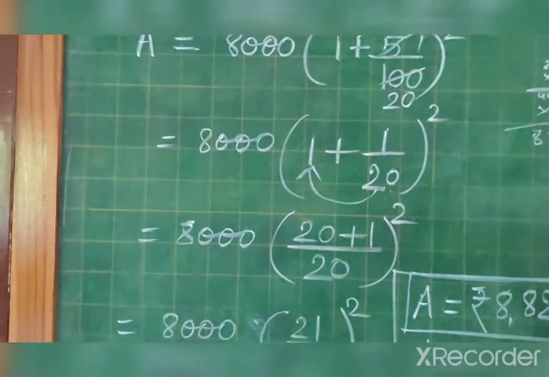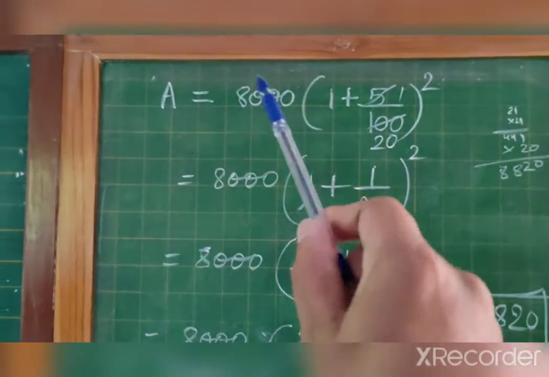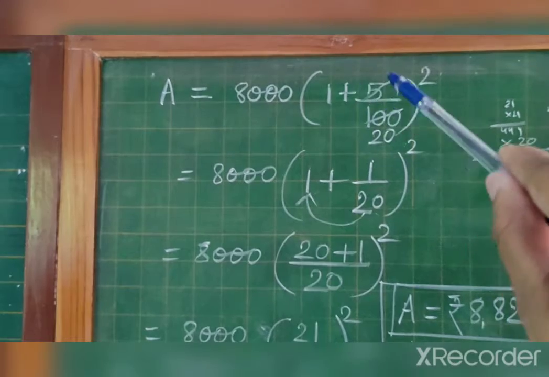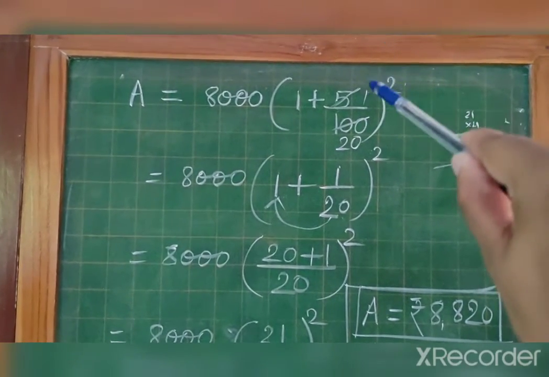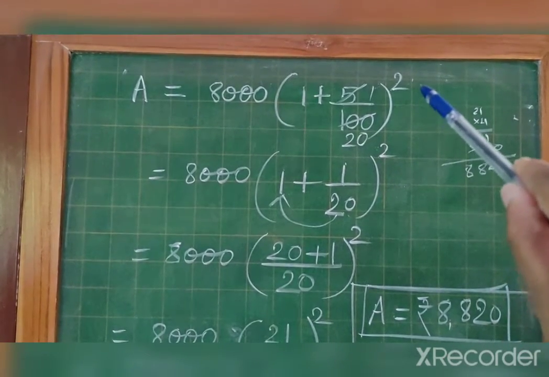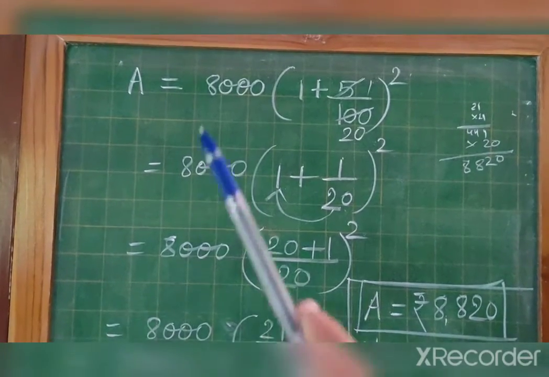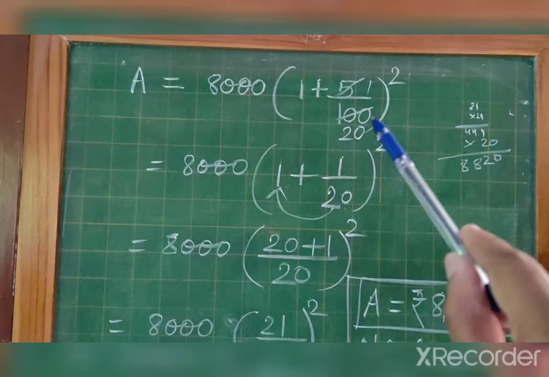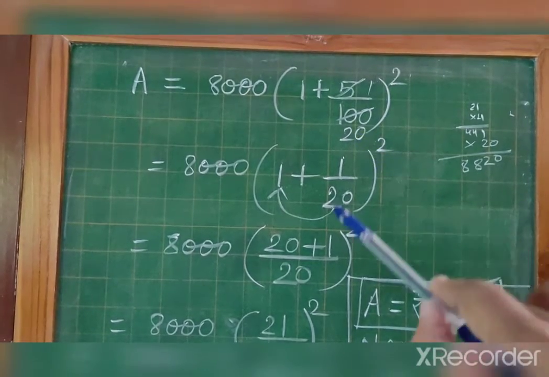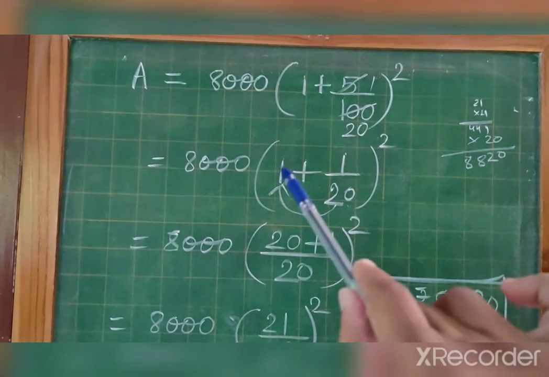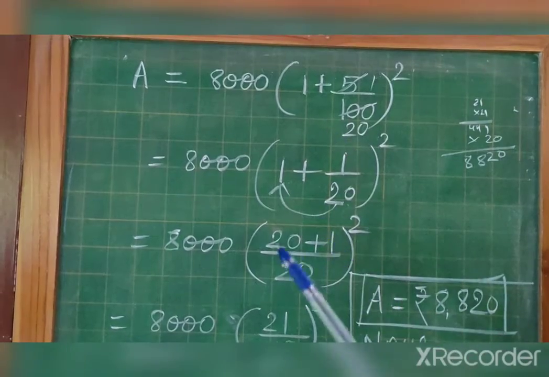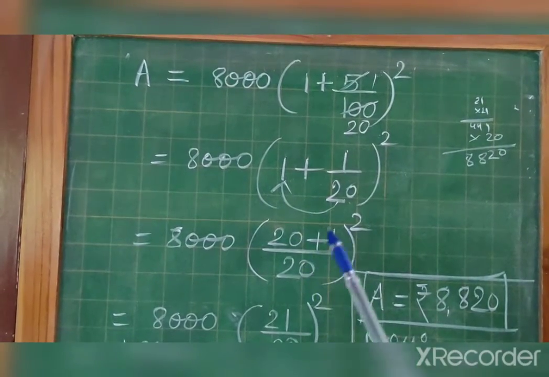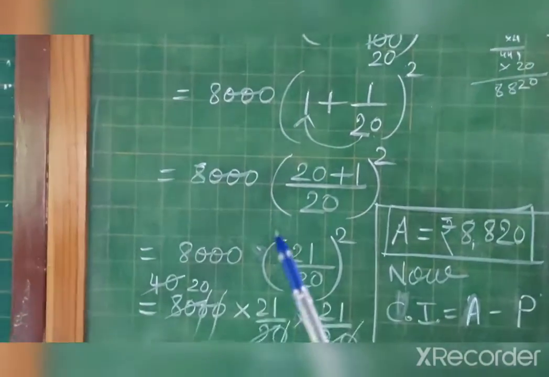Principal is 8,000, and 1 plus rate of interest 5 upon 100 to the power 2, because time is 2 years. 8,000, 1 plus 5 upon 100; 100 is divisible by 5 20 times. Now take LCM. 20 ones are 20, 20 plus 1, 21.